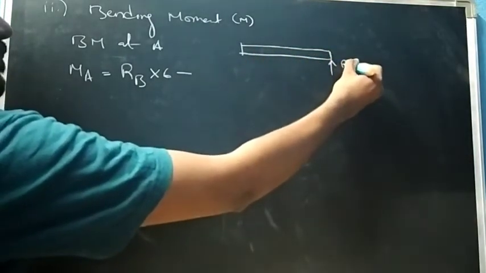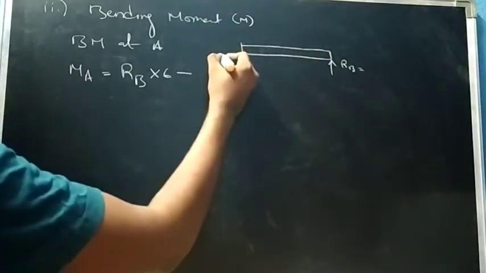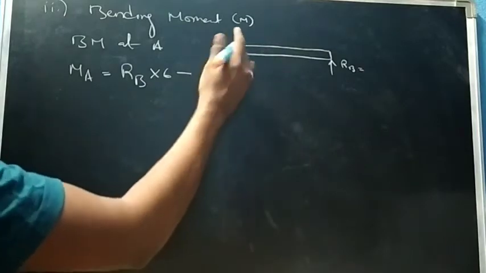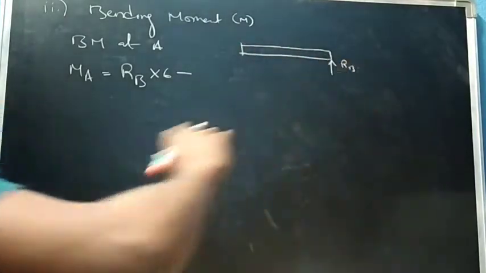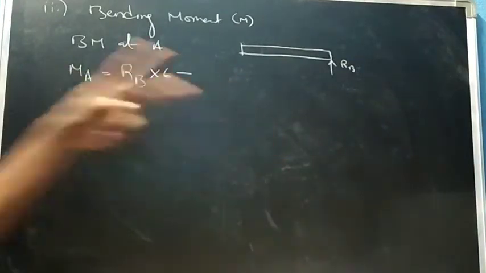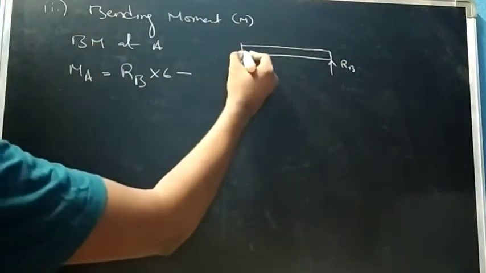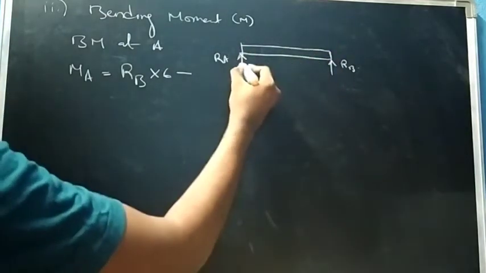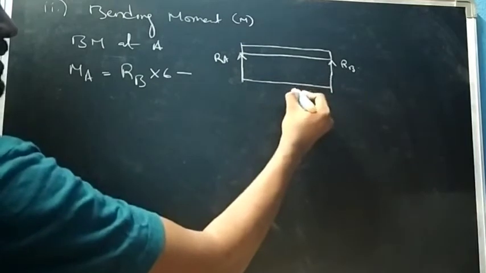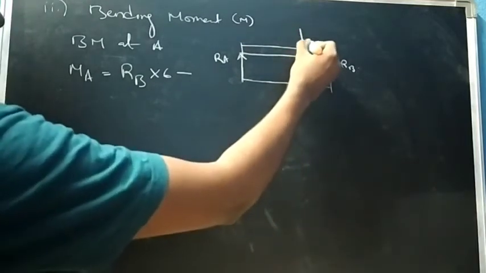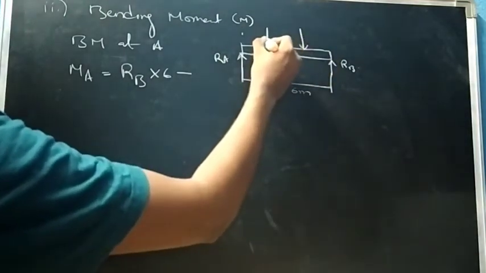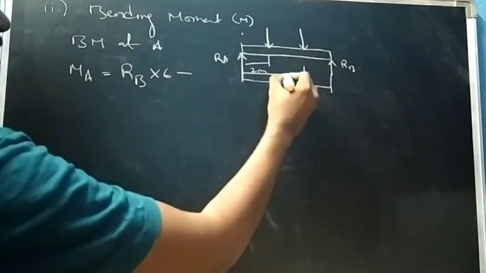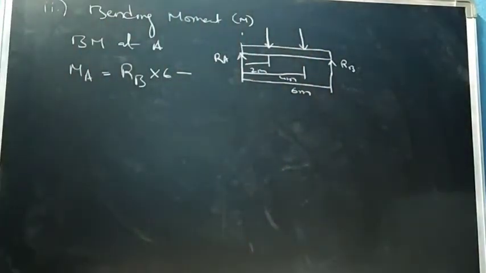So RB, we know that this is RA and RB. We know that the total distance is 6 meters and another support here, and this will be 2 meters and 4 meters. Okay, clear?